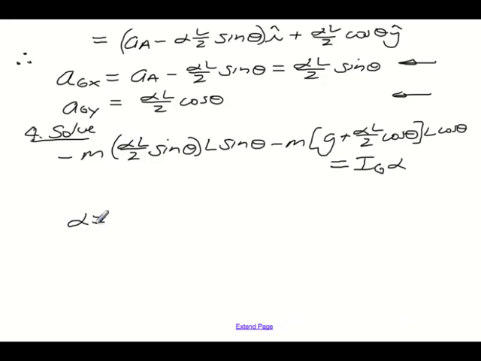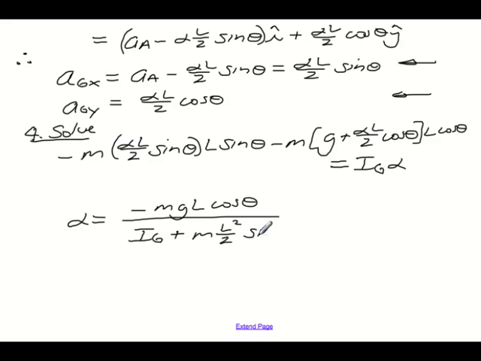I can solve that, and what I'm going to have here is going to be a minus mgl cosine on top. On the bottom, I've got my IG. I know what that is. I'm going to have an m L squared over 2 sine squared theta.